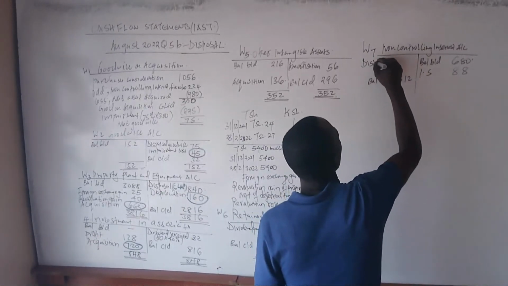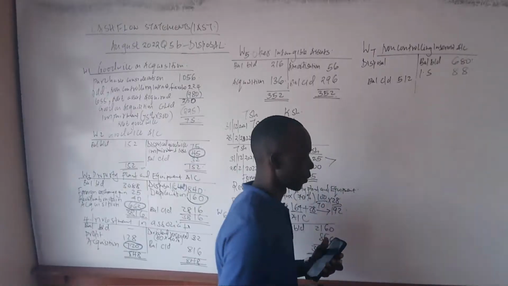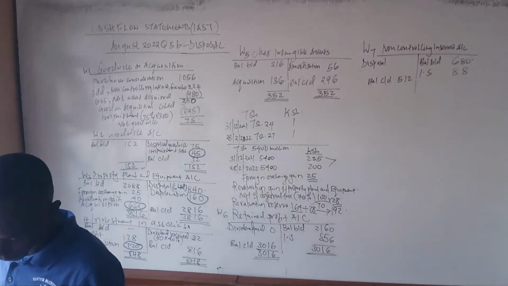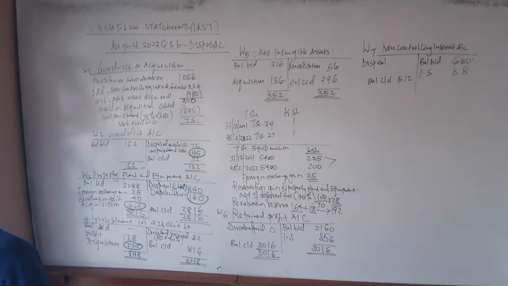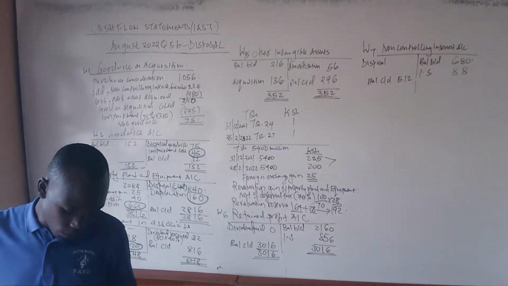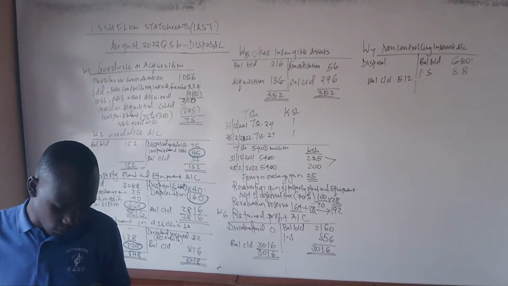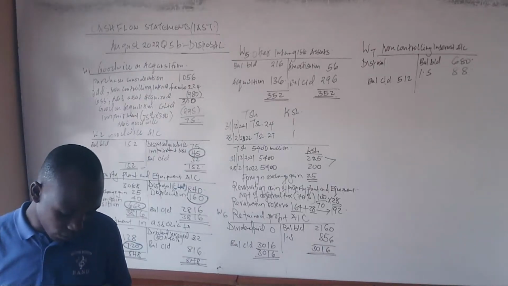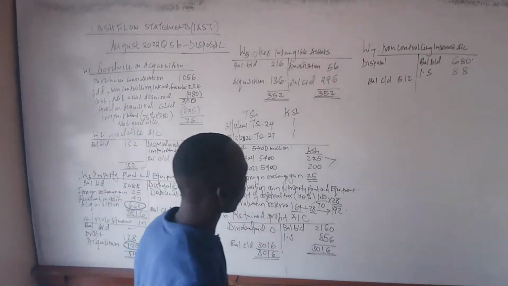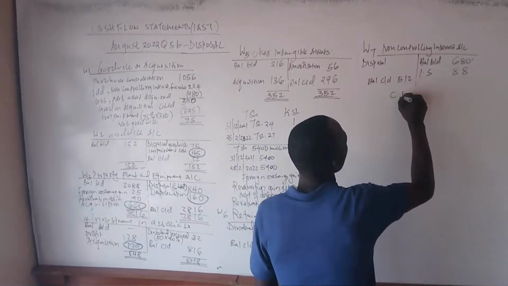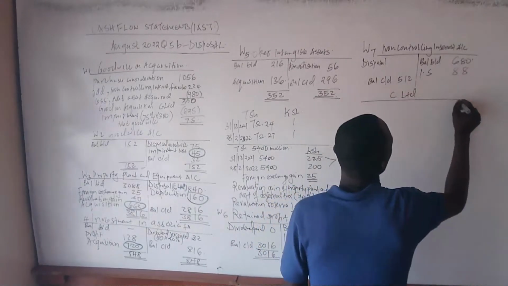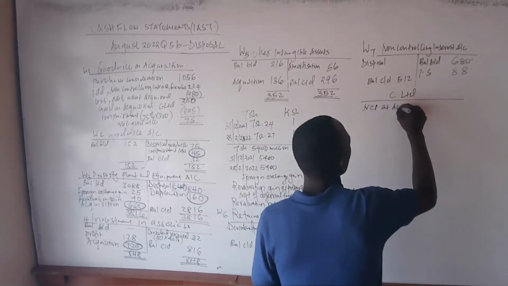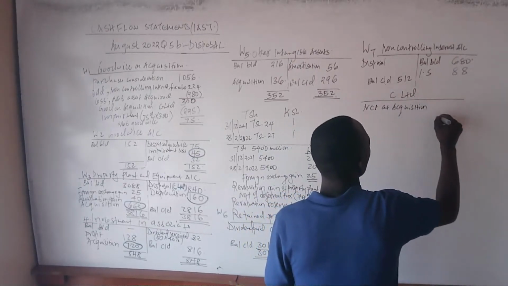Then disposal. How much did we dispose for the NCI? Are we able to get it directly, or must we calculate in this case? We have to calculate, isn't it? Remember, we disposed of C Limited. So we start with NCI at acquisition.